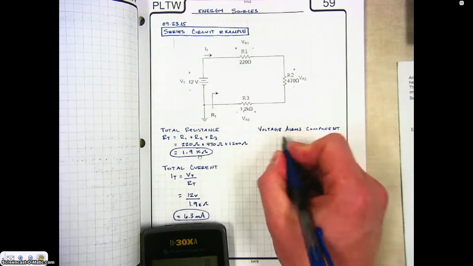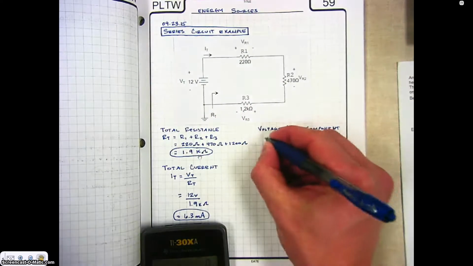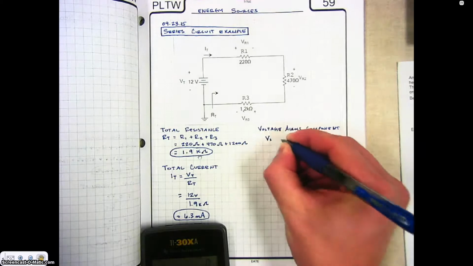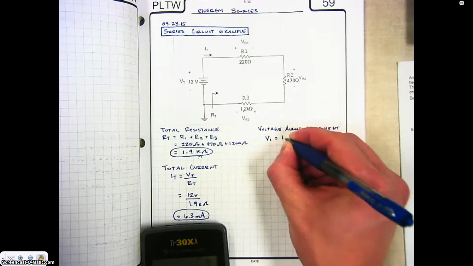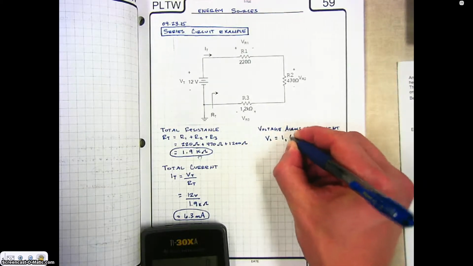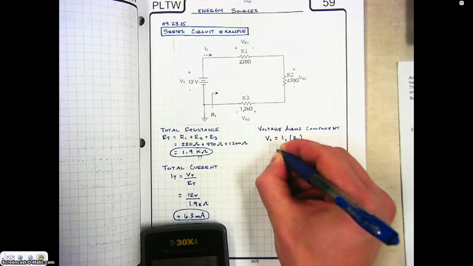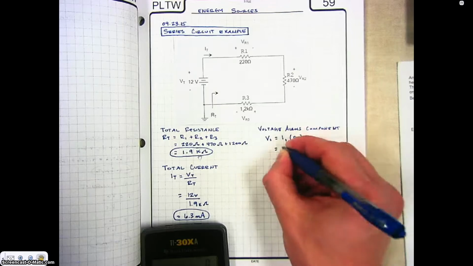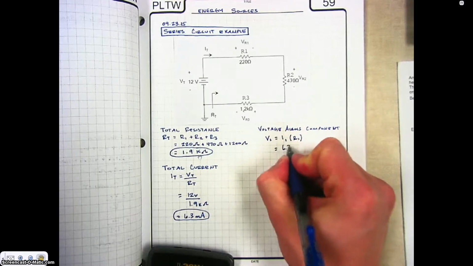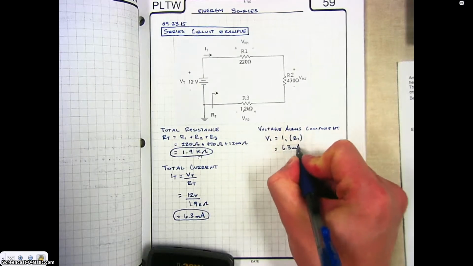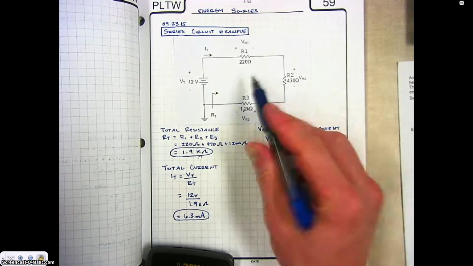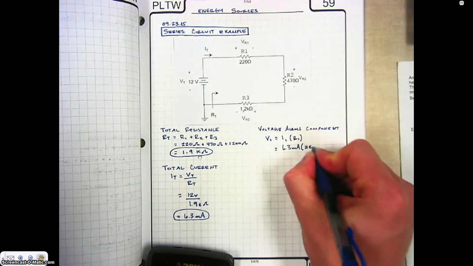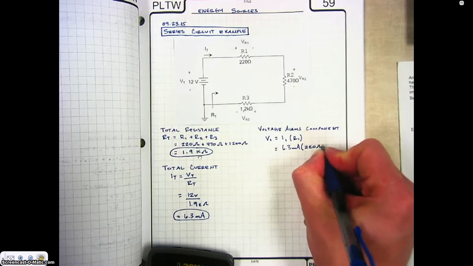Again, we'll use Ohm's law. The voltage at component 1 is equal to the current at component 1 times the resistance at component 1. The current at component 1, again, is 6.3 milliamps times the resistance at component 1, 220 ohms.